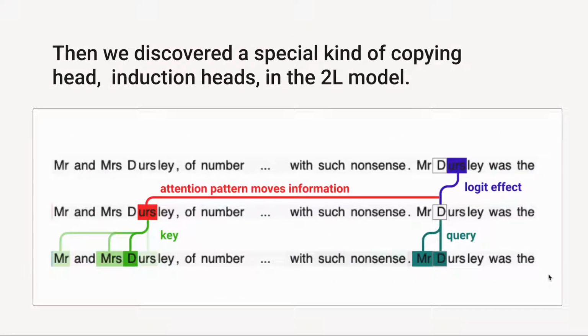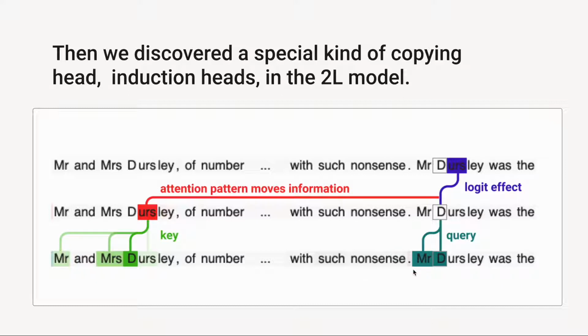Now, induction heads are a subset of copying heads, and they seem to allow models to do meta-learning much more efficiently and extract a lot more information from the earlier context. Here we have an example from the first paragraph of Harry Potter, which we've been using as an example text because it's fun.